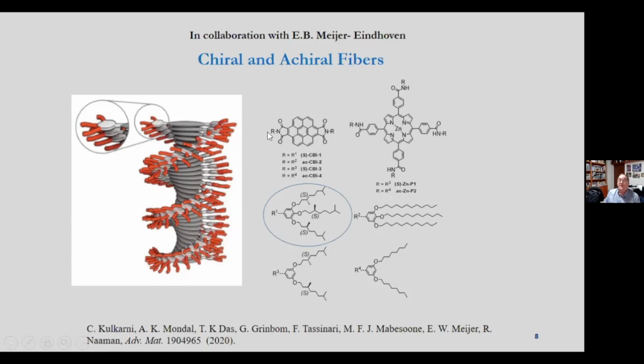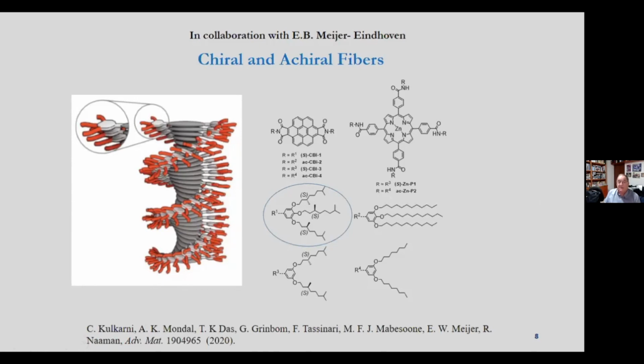Namely, if the side groups have L chirality, then the supramolecular structure will have left-handed chirality, and if the side groups are right-handed, then we see right-handed chirality. And if the side groups are achiral, then it makes the supramolecular structure random in terms of chirality.